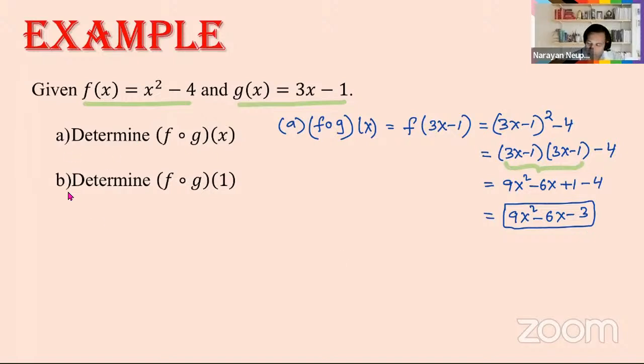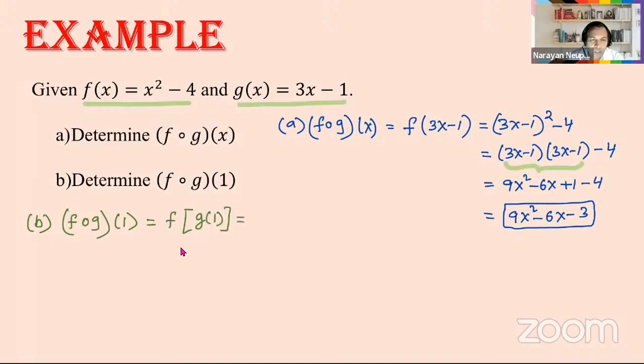Now let's look at the second part, part B. In part B, we are asked to find f o g of 1. If you try to understand the meaning of this, this is f of g of 1. G of 1 is your inside function.